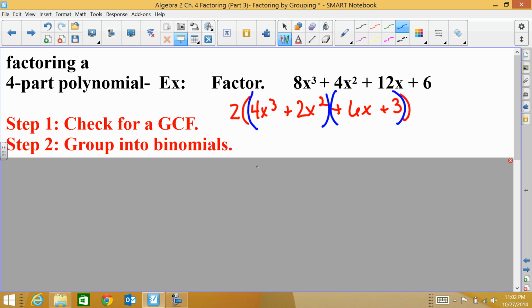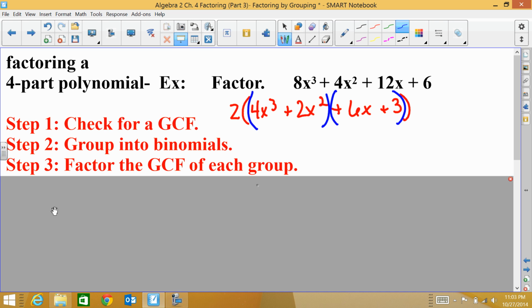Okay, so now that I've grouped them, I'm going to factor each group. To factor each group, I have to take out the greatest common factor of each group. So I leave the 2 that I had in front, and then what would be the greatest common factor of this first group of 4x cubed plus 2x squared? Well, both of those numbers can be divided by 2, and if I look at the variables, the smallest number of x's that I could divide out would be x squared.